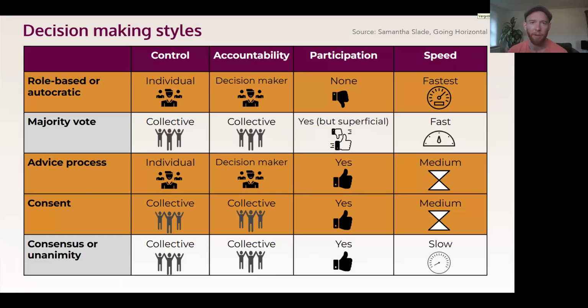And yeah, you might be confused by the fact that I included autocratic voting in this. But in order to keep that balance between agility and participation, agency, it might make sense to have some elements of autocratic decision-making in a group, if it's quite clear what the domain of decision-making is here. This is why we also added role-based, because not for every decision it might make sense to use the collective intelligence.